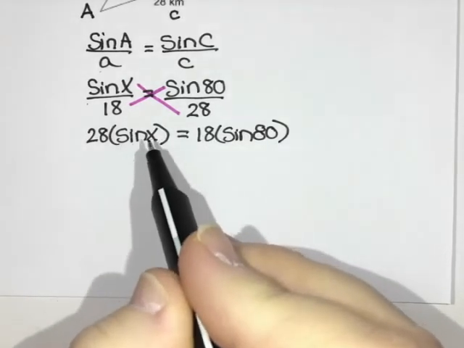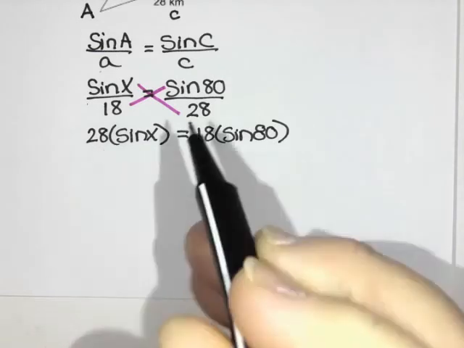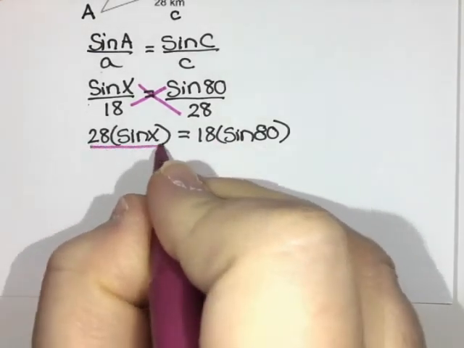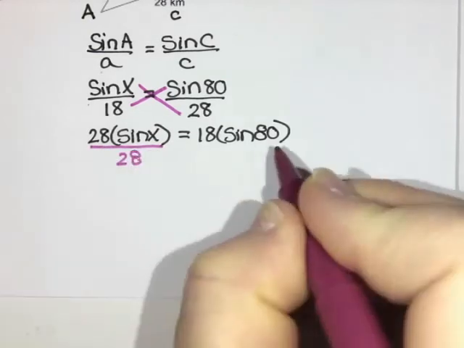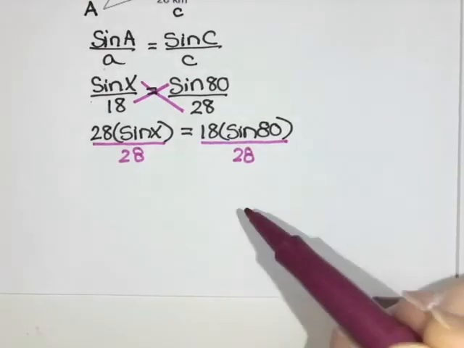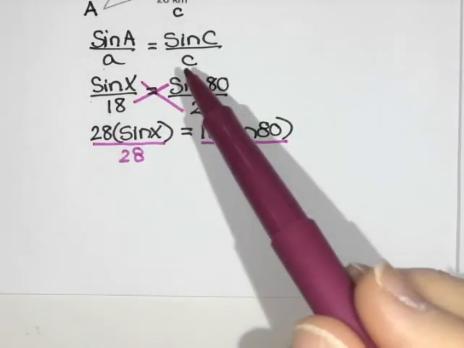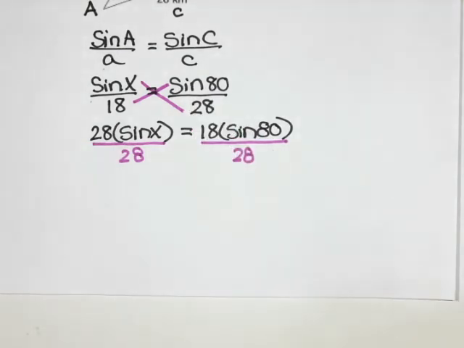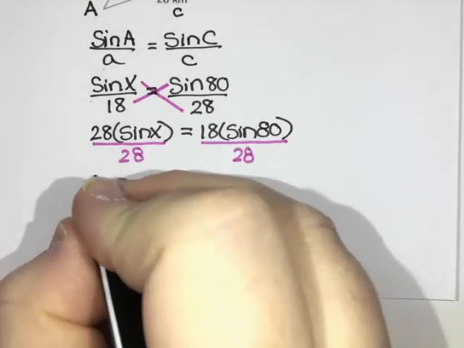We currently have sine of X, and we're multiplying by 28. So the first thing that I would do to try to get that X alone is divide by 28. You could have saved yourself a step of work if you had just multiplied by 18 and left the 28 right there.